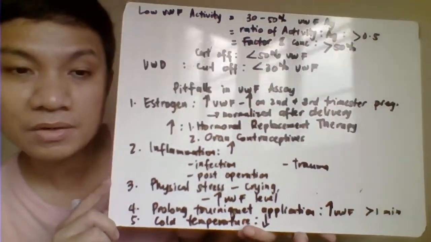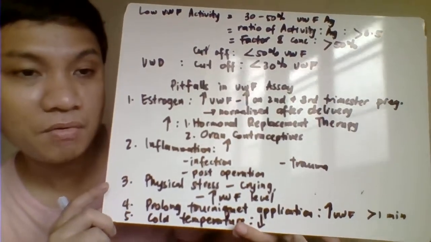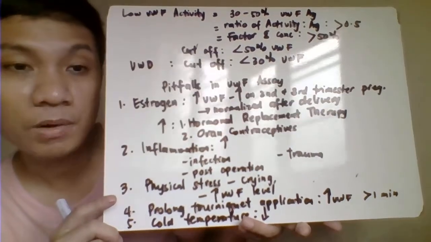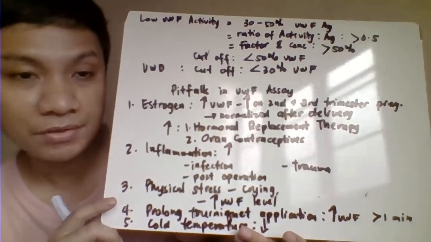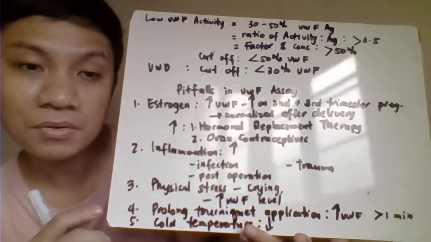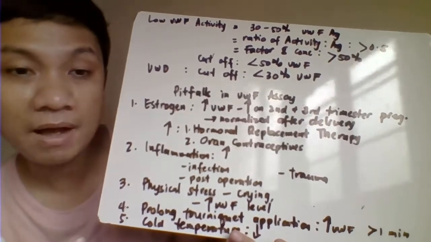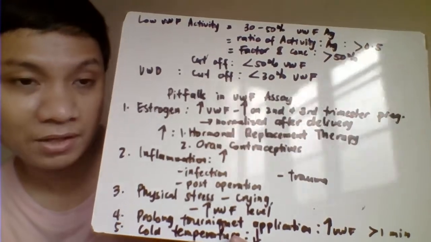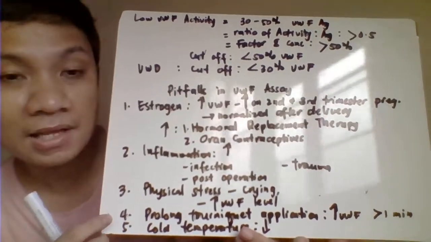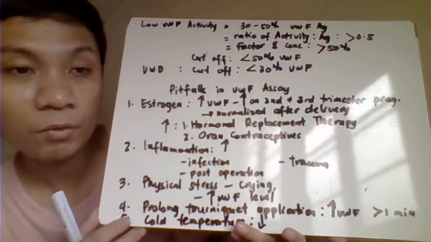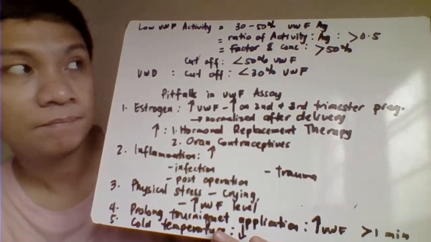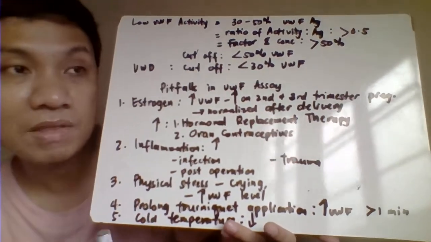Okay, then we should also differentiate between low von Willebrand factor activity and von Willebrand disease. Kailan natin ma-consider na ang patient natin would only have a low von Willebrand factor activity, and kailan natin ma-consider na may von Willebrand disease na ang patient natin. So, pinaka-cut off natin is 50%.